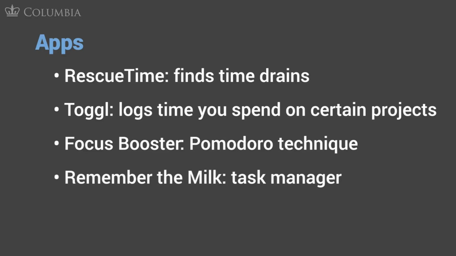Usually you have to use a kitchen timer, but Focus Booster allows you to use your phone as an effective timer for turning unstructured time into focused, structured study time. Remember the Milk is a really great app for task managing, trying to keep track of lots and lots of things that you have to do in a short period of time.